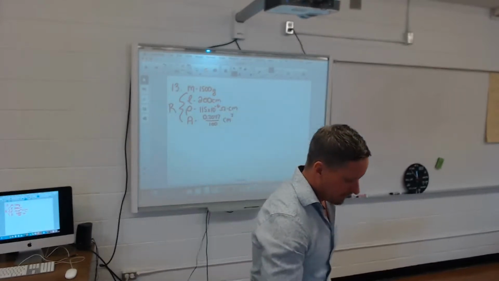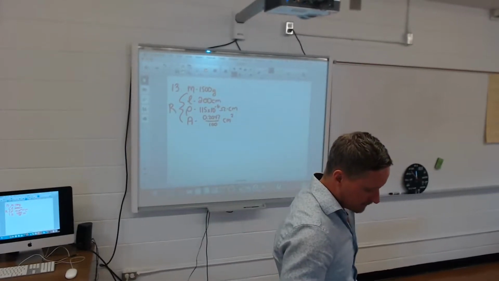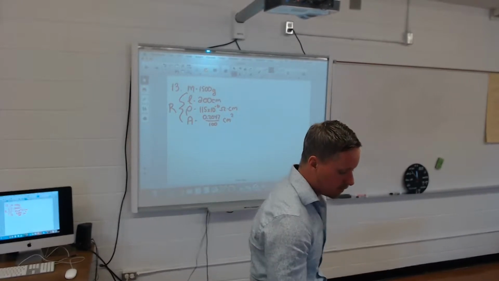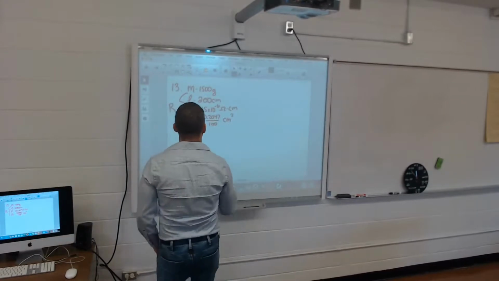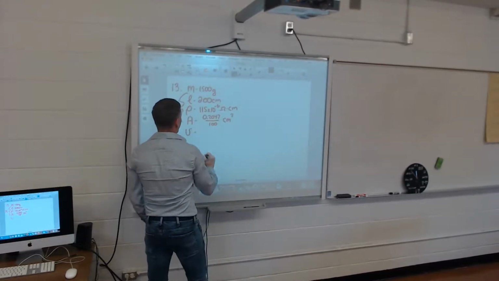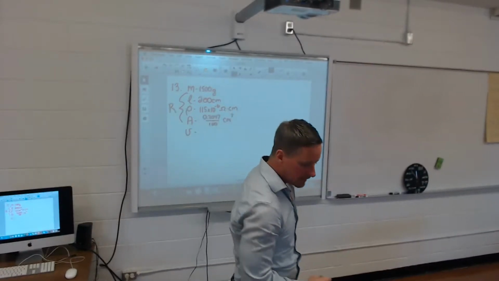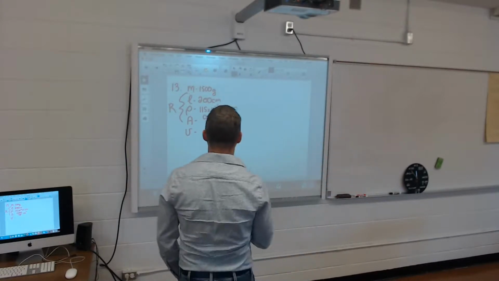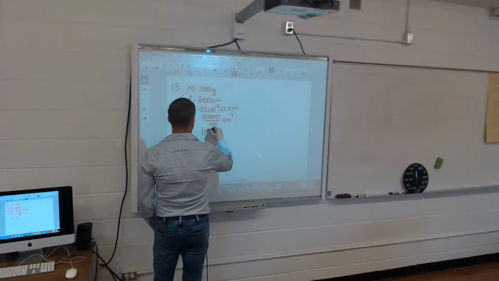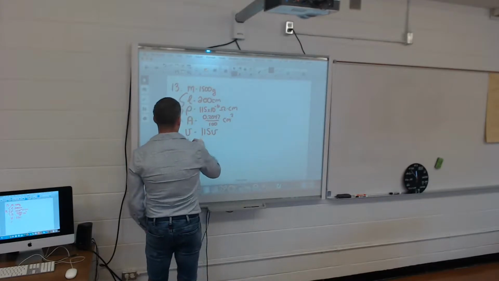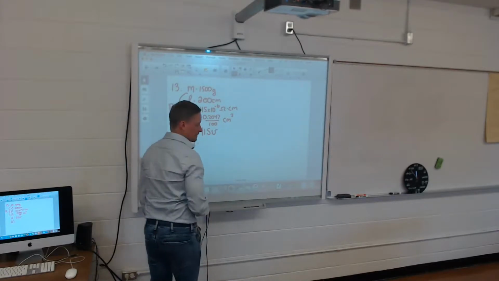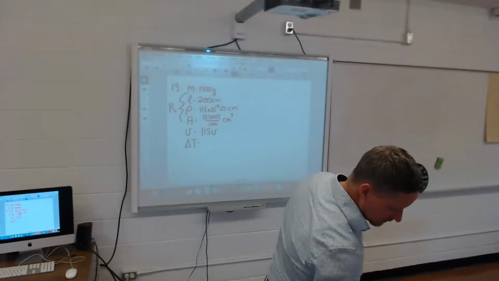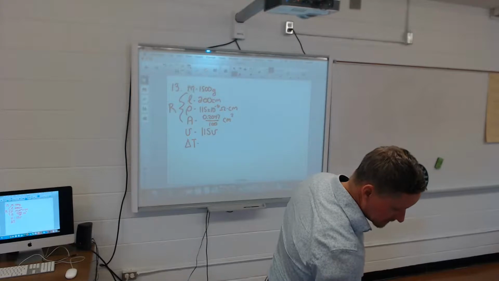Now it says what time is required for the iron to be heated from 20 to 150 across a 115 volt line. So my voltage is 115, and my change in temperature is 130 degrees.